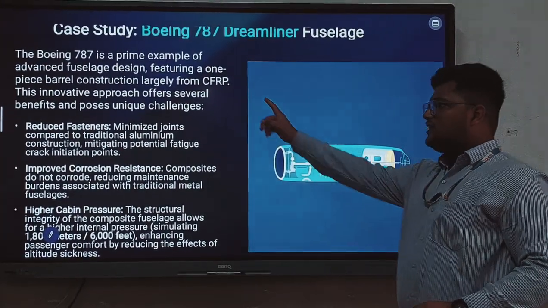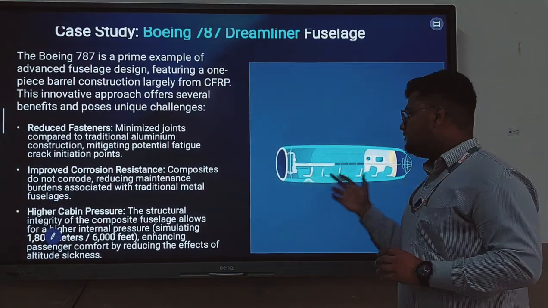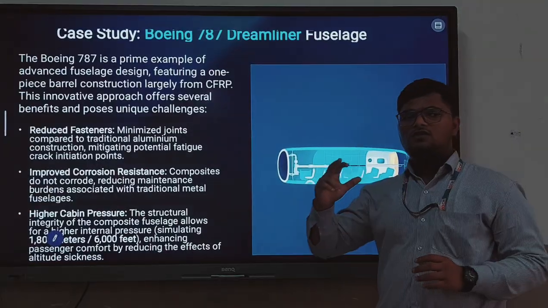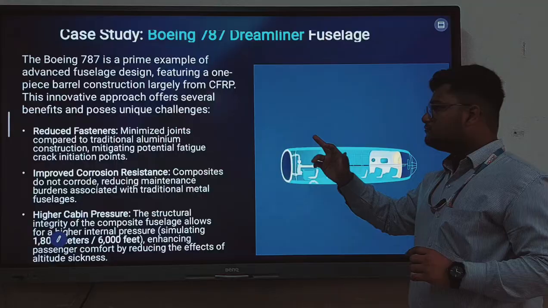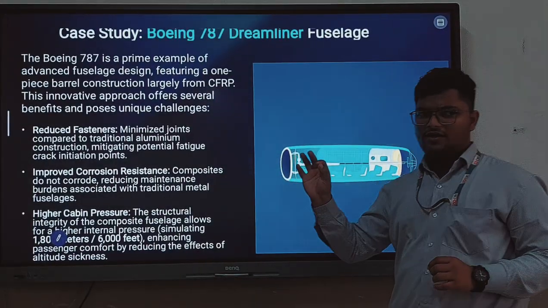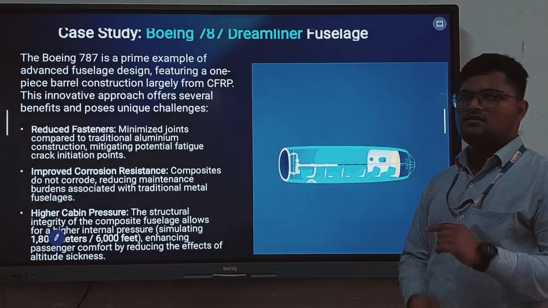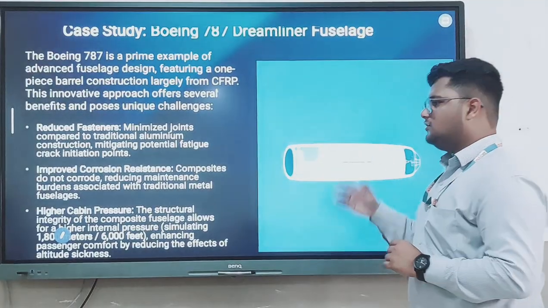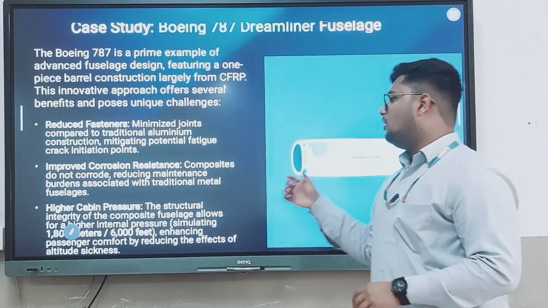That is the CFRP, the polymer. We can make its fuselage with a single barrel of the sheet. It minimizes the fasteners and the joints, which potentially reduces the fatigue and the stress applied on the fuselage.